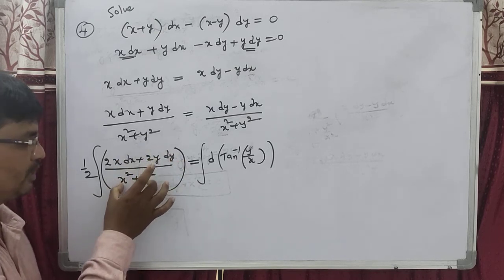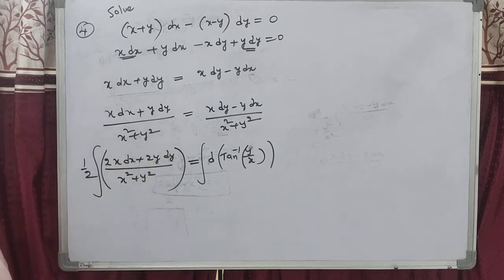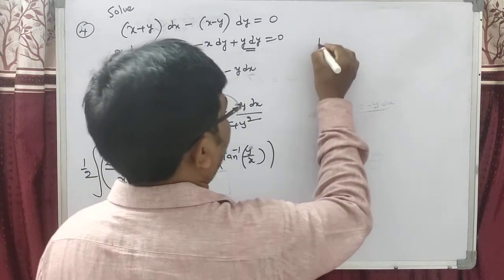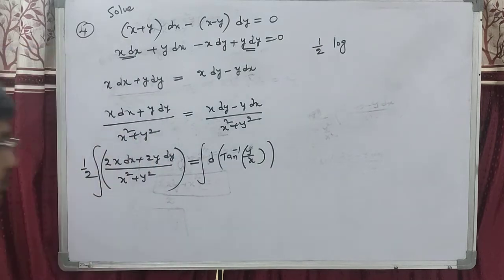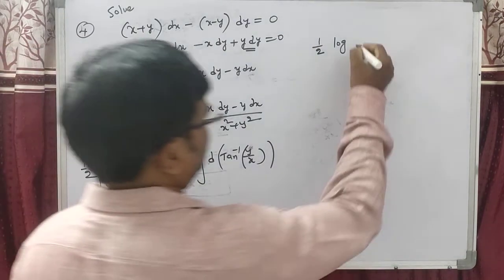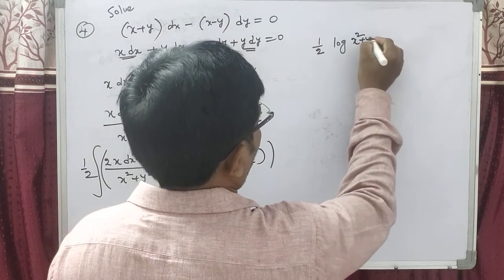The derivative of x square is 2x dx and the derivative of y square is 2y dy. F dash of x by f of x integrates to log mod f of x. So we can write 1 by 2 into log mod of x square plus y square.